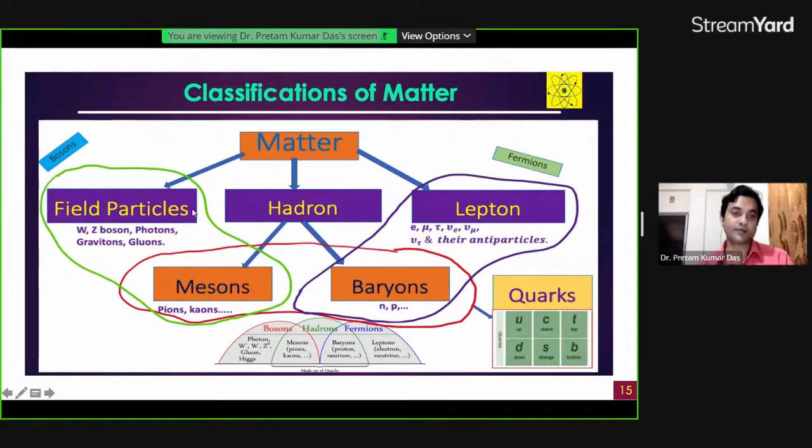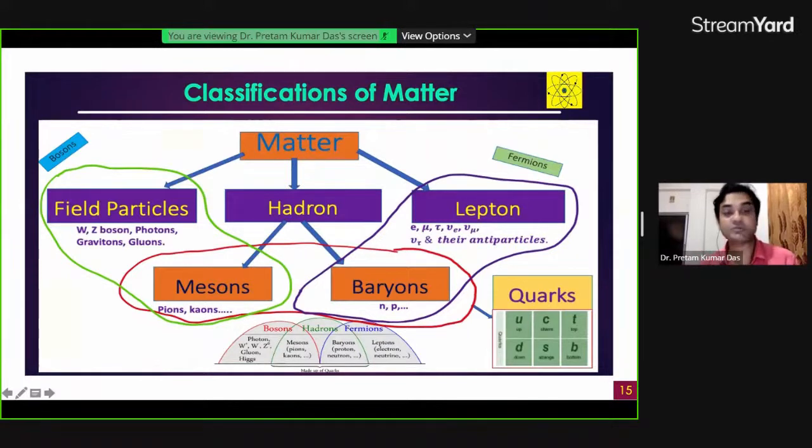So examples of field particles are the W and Z bosons, photon, graviton, gluons, and mesons, pions, and baryons, the common ones, neutron, proton, and others. If we add these two as a group, these particles are known as fermions, because these particles obey Fermi-Dirac statistics, and these are the particles known as bosons.